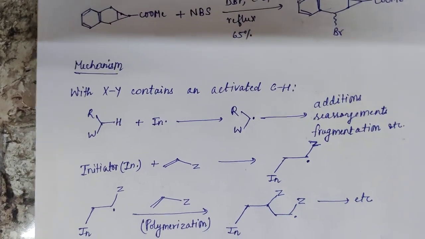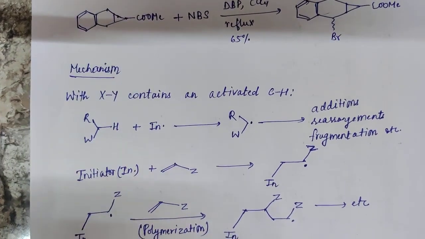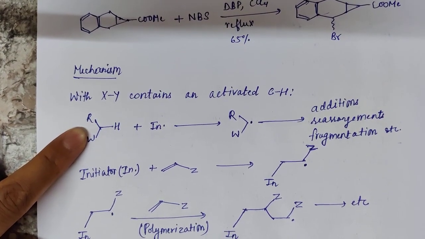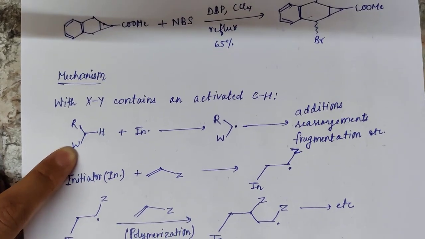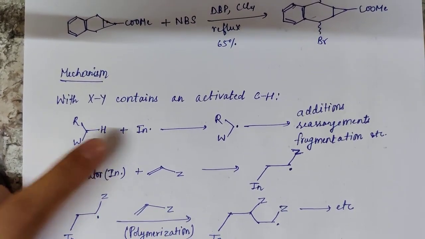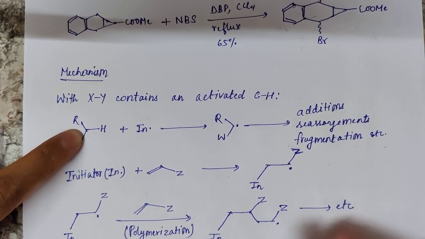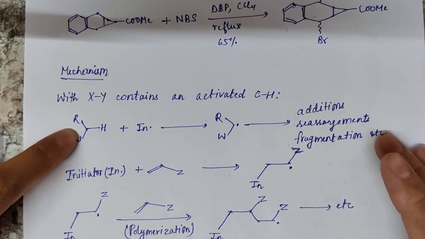If we look at the mechanism, it is of a similar way. You have one reactant. Your initiator from DBP will abstract the hydrogen and it will undergo different possible reactions.